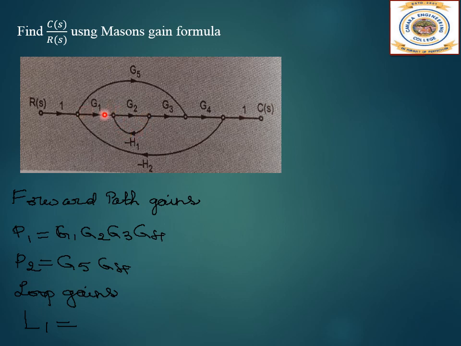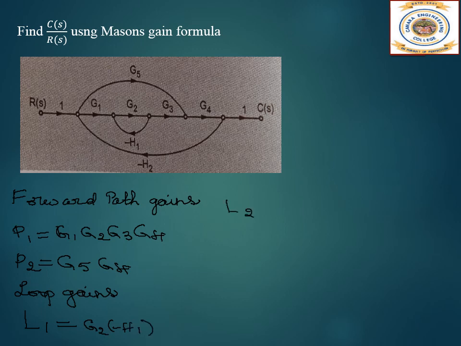One more here: G1, G2, G3, G4 minus H2. Two loops. Check one more. From here we'll start: G5, G4 and minus H2. So we have three loops over here. So let us write. First is L1 equal to G2 minus H1.